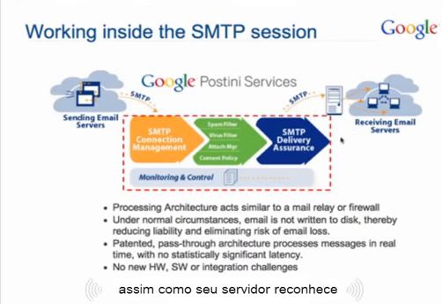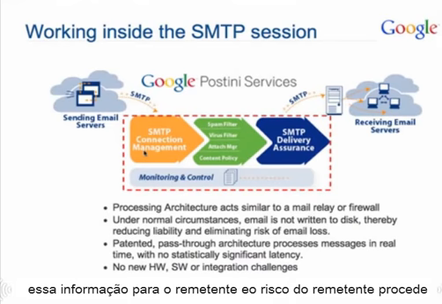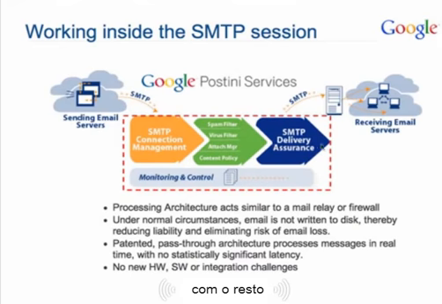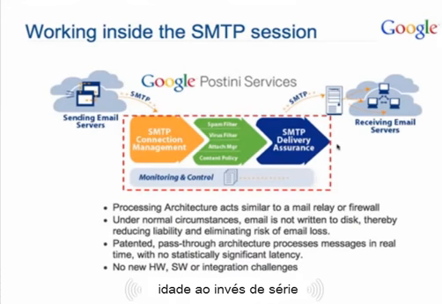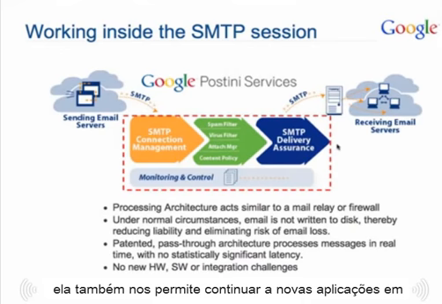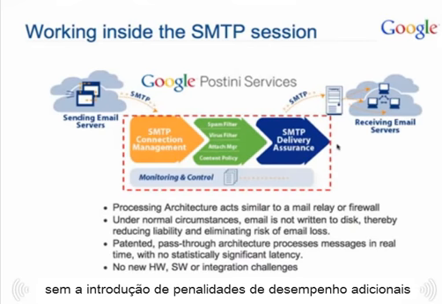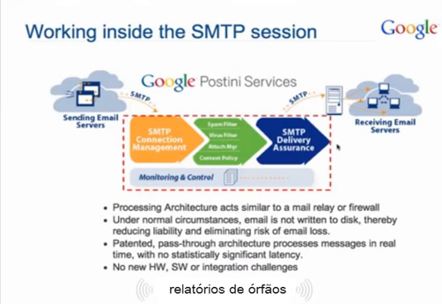So as your server acknowledges the SMTP connection requests and the subsequent SMTP commands, Postini passes that information to the sender, and the sender proceeds with the rest of the session. That forces the proxy to run all of its applications in parallel rather than in series. It also enables us to continue to add new applications without introducing additional performance penalties or failure points.